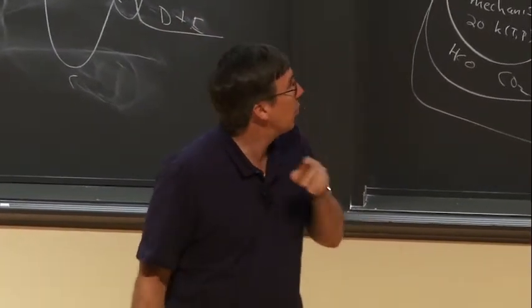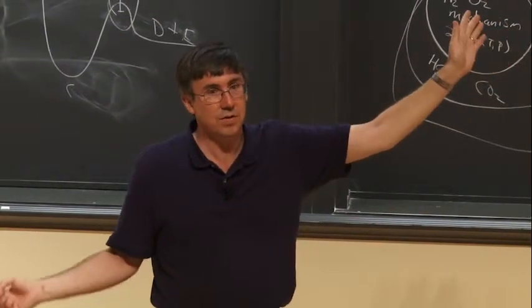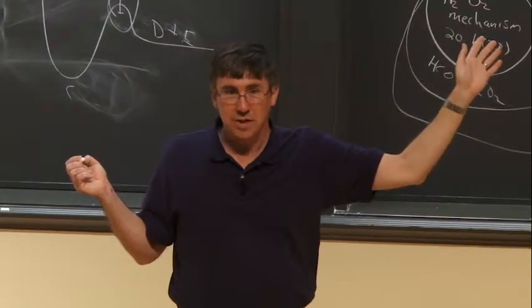I guess I should also warn you. So you get these things. These sensitivities are really nice, easy to get. You should always do it. But these are first order sensitivities.